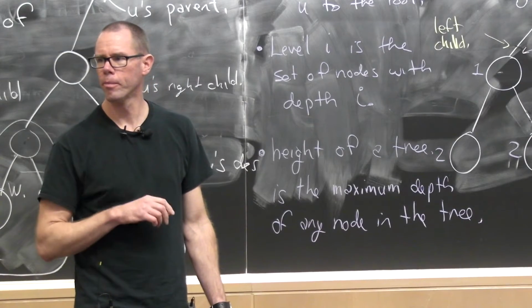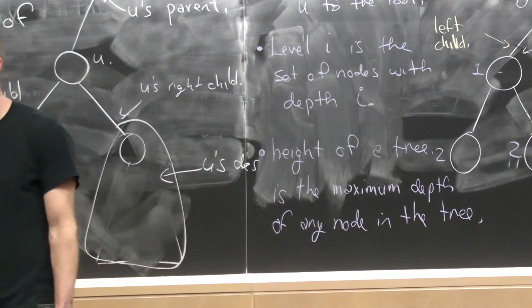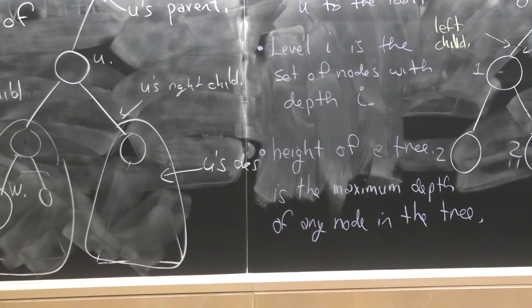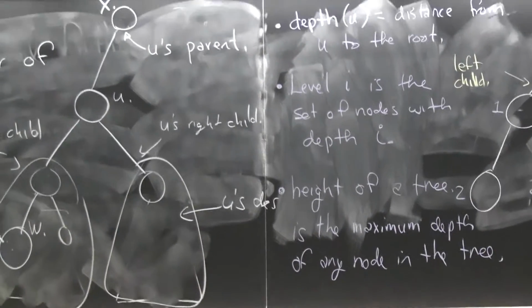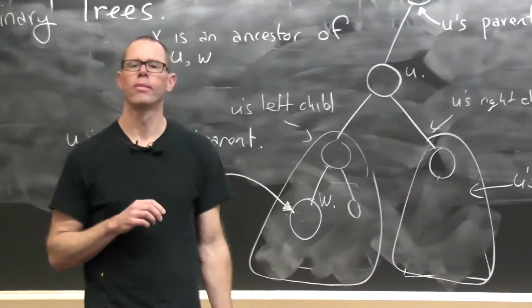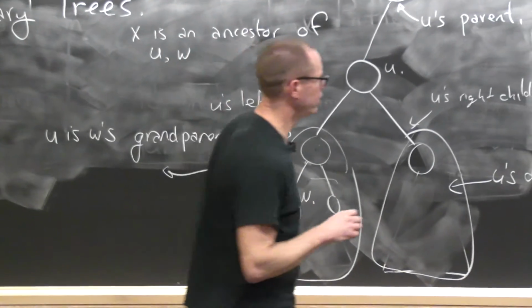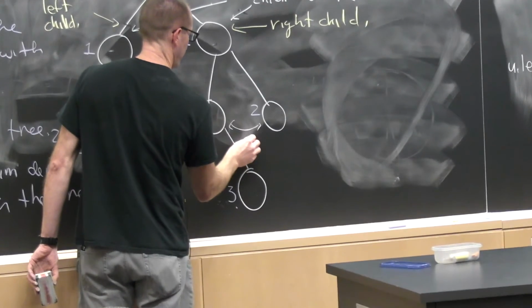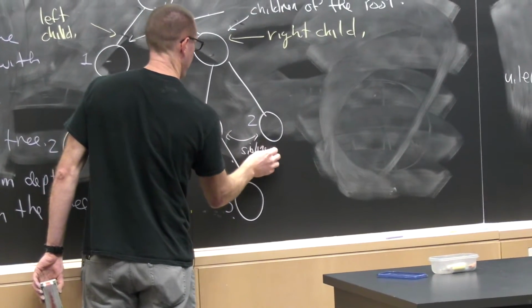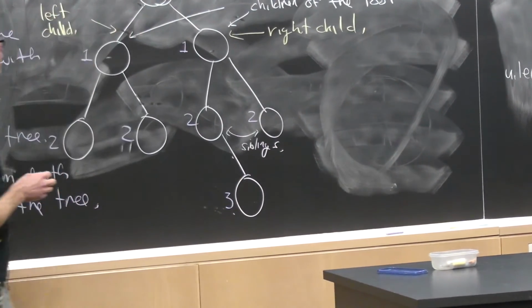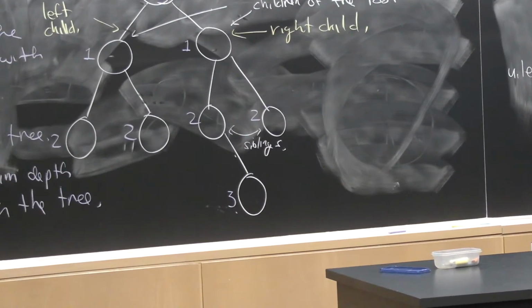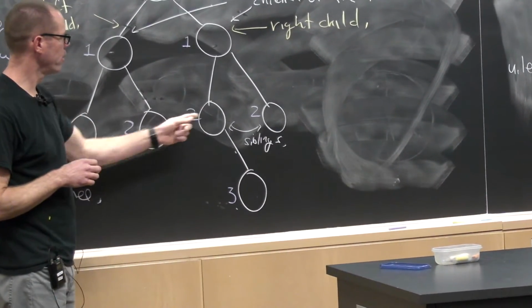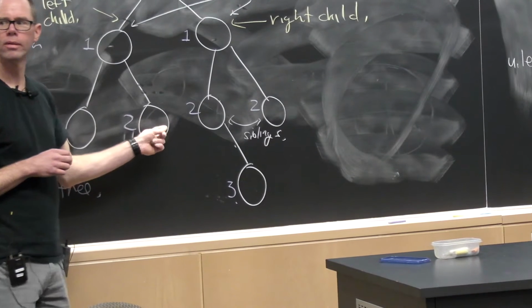Just to continue the terminology, would the other child or node that has the same parent as another one be called a sibling? Yep. These two nodes here are siblings. And you don't see it so often, but what would you say about these two nodes?